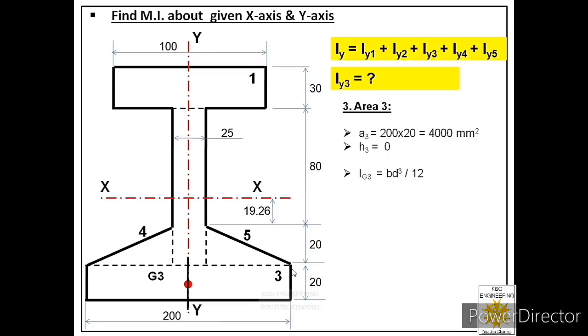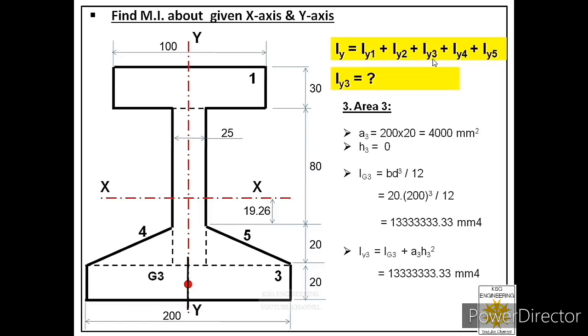So 20 will be B and 200 will be D. So this formula will become 20 × 200 cube by 12. Once we get Ig3, we apply the parallel axis theorem, but we know H3 is 0, so Iy3 will be equal to Ig3 only. So we have calculated Iy3, now we will calculate Iy4.